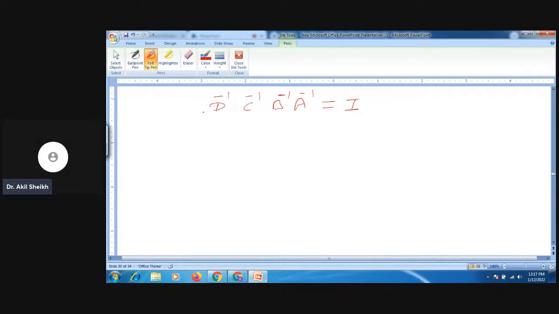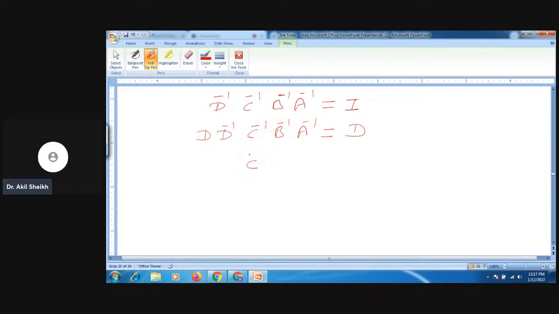So D into D inverse is the identity matrix. So pre-multiplying by D, we get D into D inverse, C inverse, B inverse, A inverse equals D into I. Again, D into D inverse becomes the identity matrix.